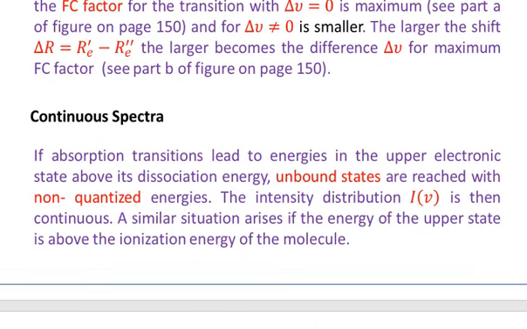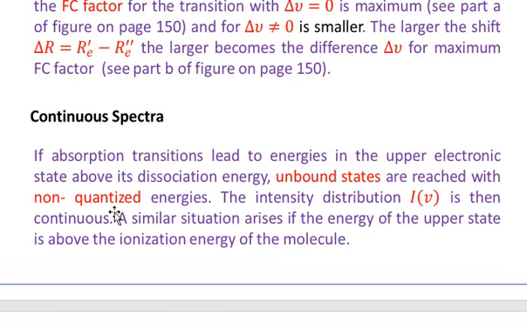Now let's discuss the continuous spectrum. If absorption transitions lead to energies in the upper electronic state above its dissociation energy, unbound states are reached with non-quantized energies, because these levels are unbound states lying above the dissociation energy.